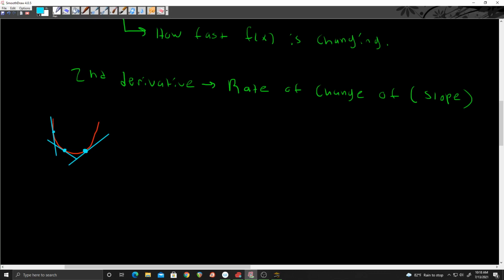Super to the left, the slope is super negative, and then it starts to become less negative, and then right here we have a minimum, and at the minimum the slope is going to be 0, and of course we talked about that in a previous video. Then as we keep going to the right, the slope becomes increasingly more positive.